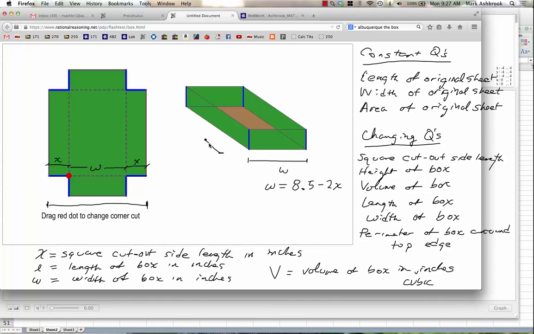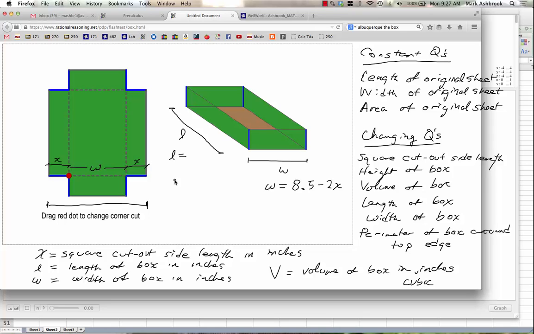So the length is here. How does it show up in the other diagram, the flat sheet? Can you describe how the length shows up here in the flat sheet before it gets folded? Which dotted line? Yeah, the vertical dotted line, right? And how long is that?